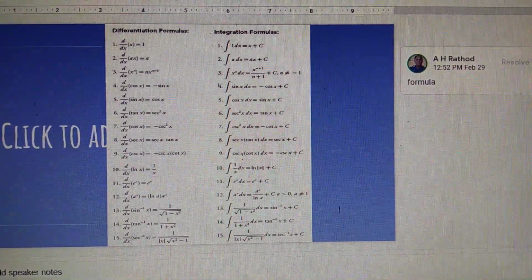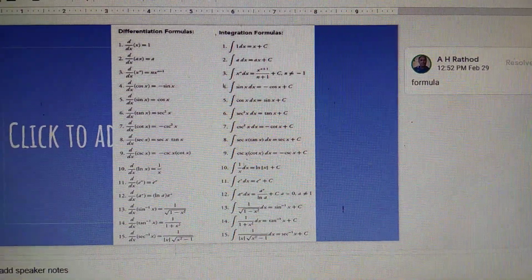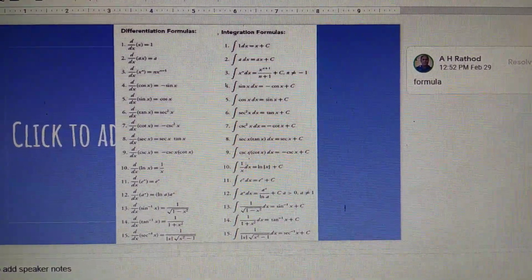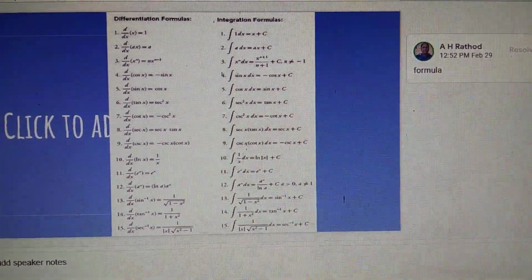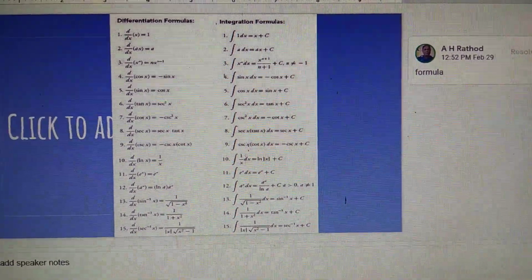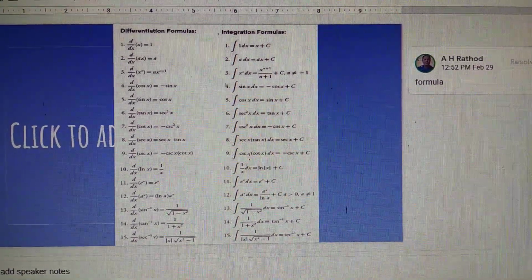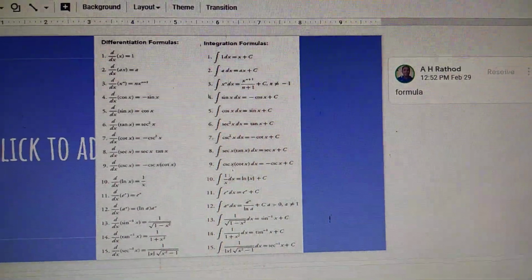Derivative of cot x is minus cosec square x. Similarly, the derivative of log x is this. Such functions' derivatives are given by the standard formulas.